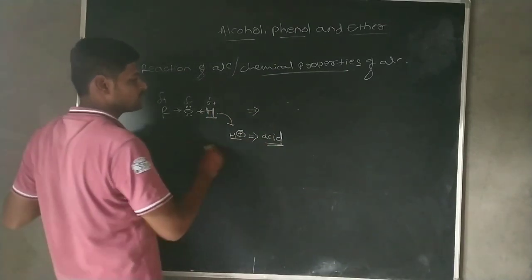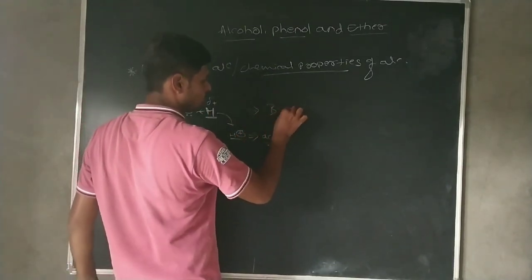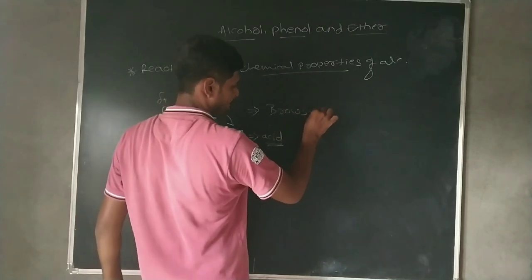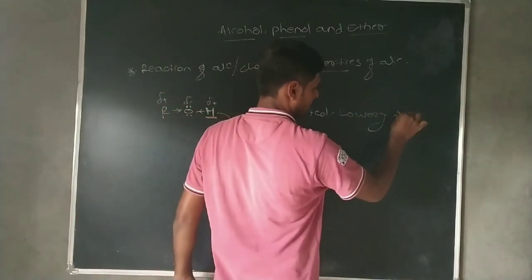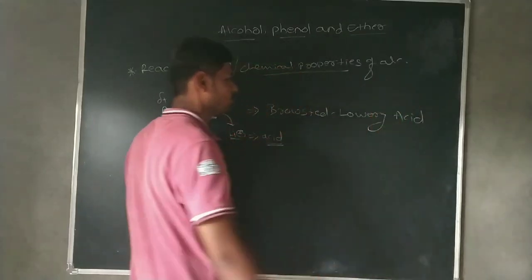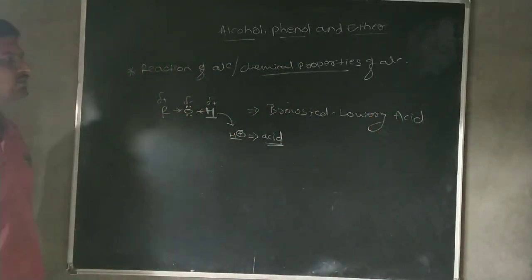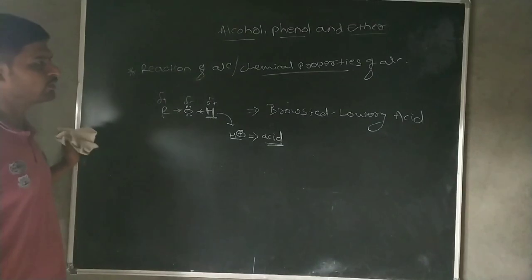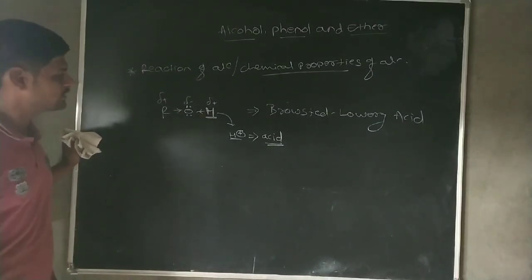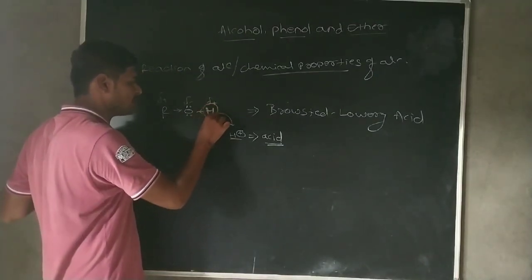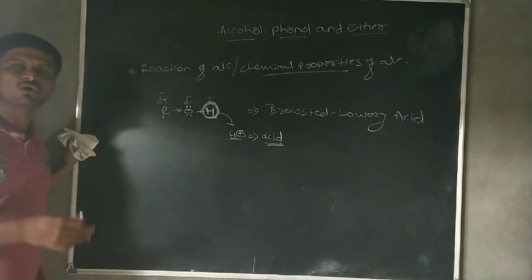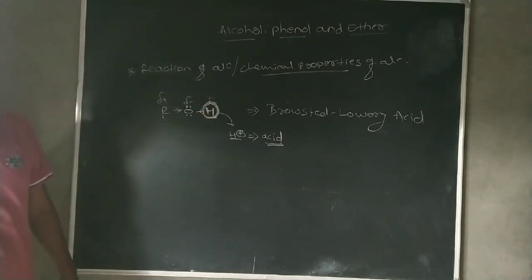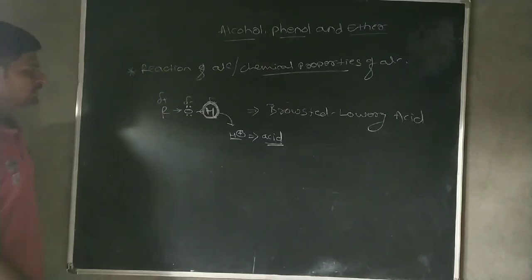Therefore it is a Bronsted Lowry acid. Therefore, this alcohol is a Bronsted Lowry acid, because it donates the H plus ion easily to other electron rich species.